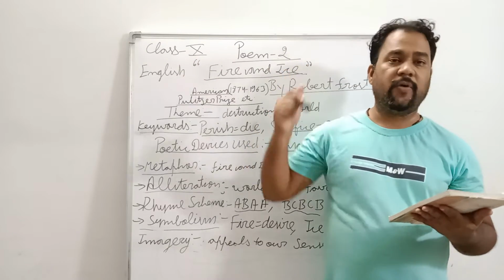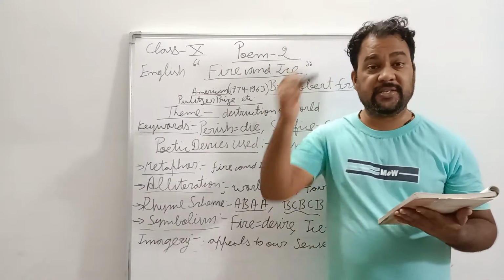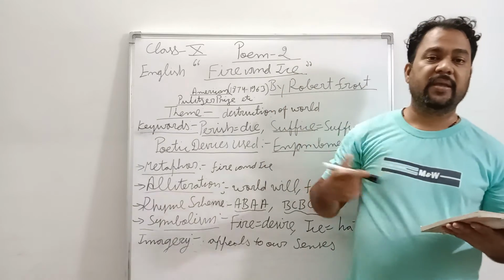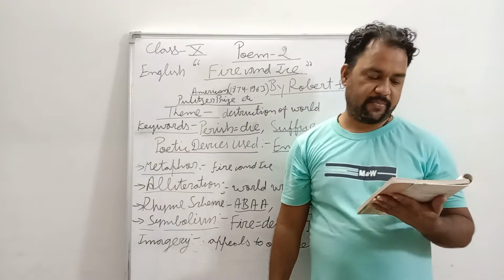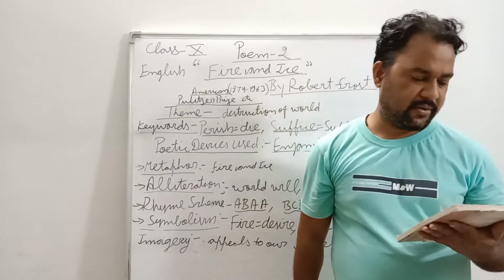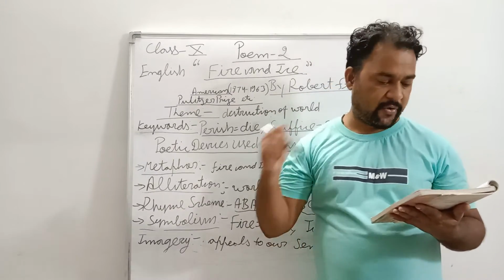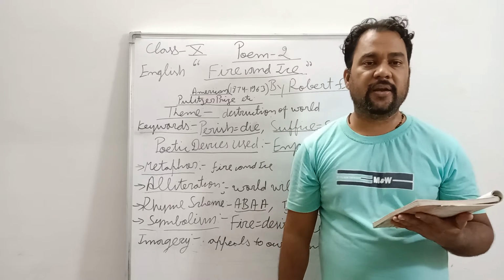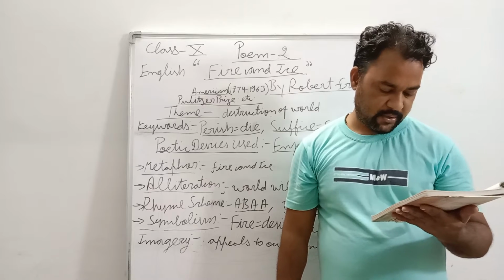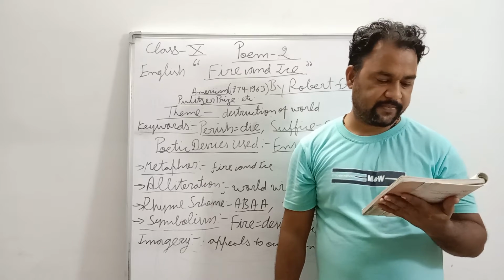And remember, fire here represents what? Desire, ambition, craziness, madness, passion of the people. "Some say the world will end in fire, some say in ice." Ice here represents hatred, cold behavior of the people, indifference to someone.